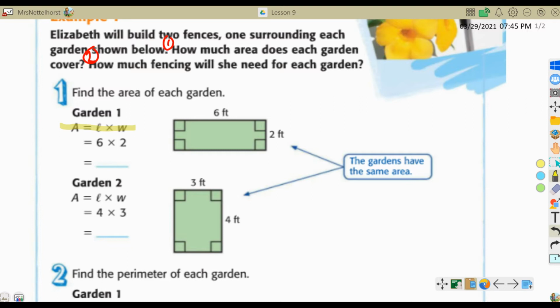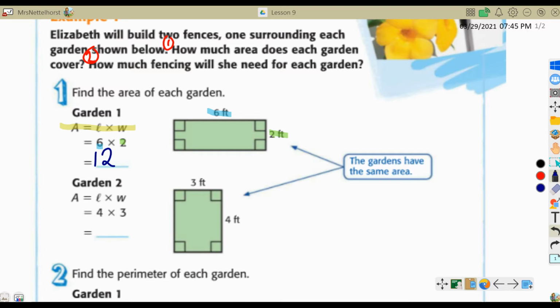However you choose to think about it, just remember you need the two different side lengths in your multiplication. The length in this case is 6 feet, and the width is 2 feet. So I'm going to multiply those. Because I've been learning my math facts, I know that the answer is 12. And because I'm doing area, I know that it's square feet.